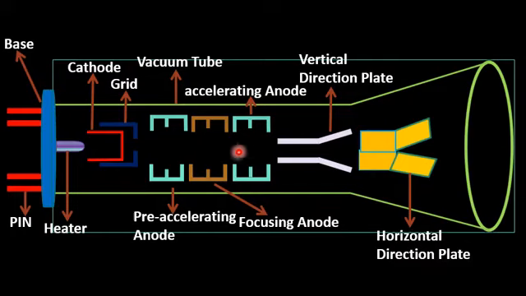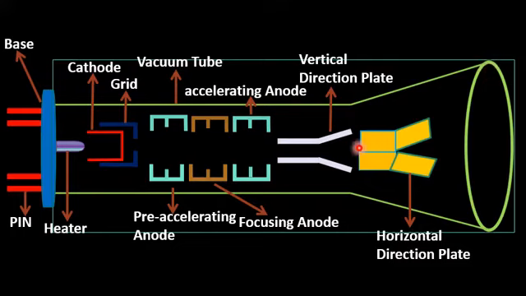So when the electron moves along this direction, it will be attracted by the upper plate of the vertical directional plates, and as a result the electron will be deflected and will fall onto the top of the phosphorescent screen.